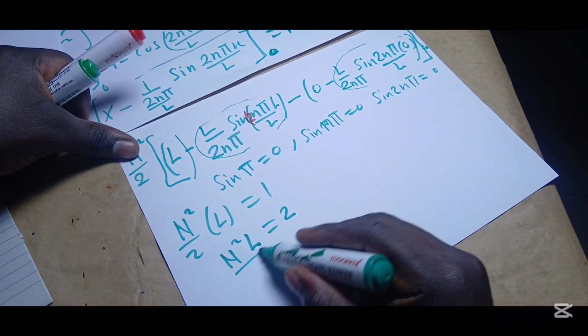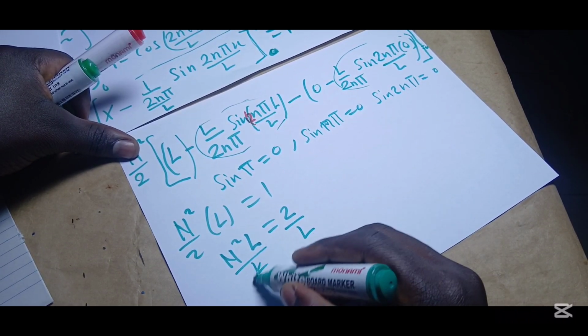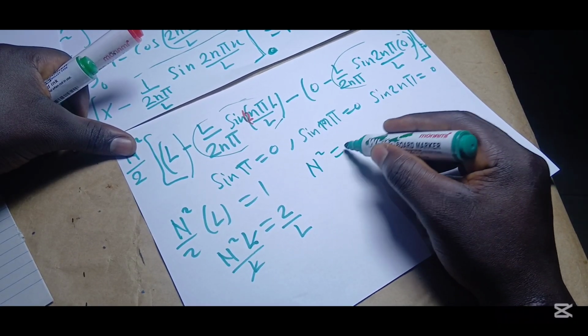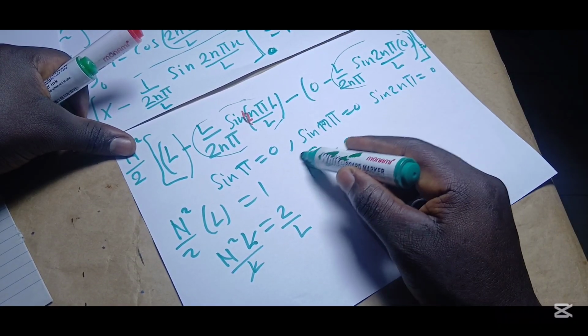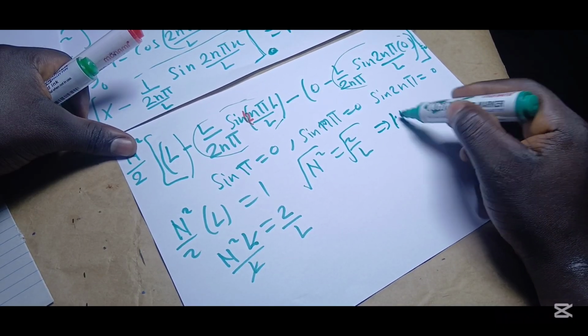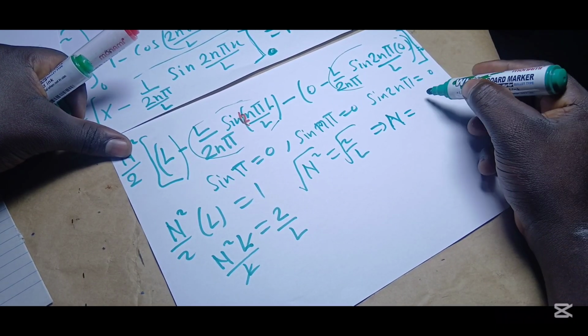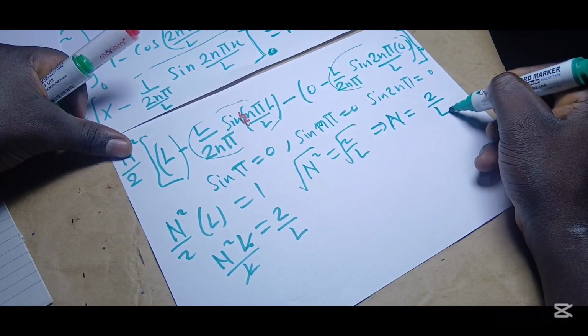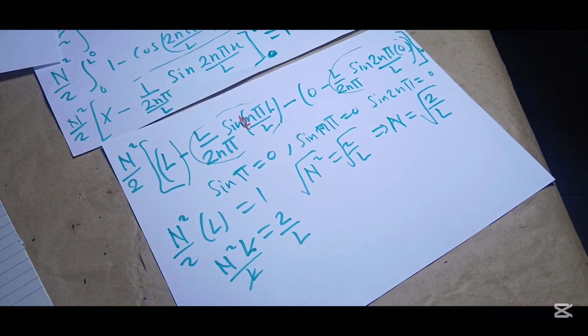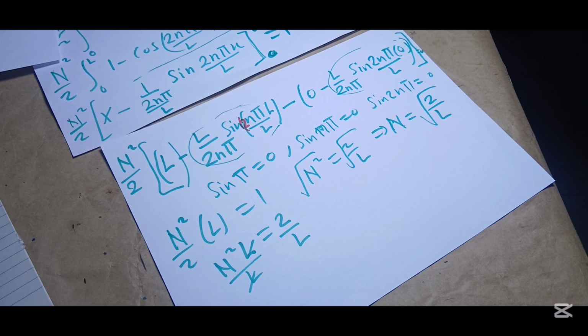So divide both sides by L. So we are going to get n squared equal 2 over L. Taking the square root of both sides will give our n. Our n would be equal to 2 over L under the square root sign. That is our normalization constant.